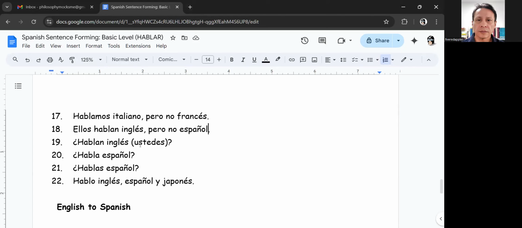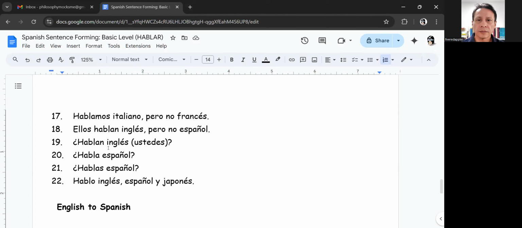Hablan inglés. I put the parentheses around ustedes because you can say it or you can leave it out because it's clear from the context. Well, maybe it's not clear from the context, but it could be. Hablan inglés. So if you're talking to two or three people and you're asking if they speak English, hablan inglés. And if you wanted to make it clear, you can also throw in the ustedes.